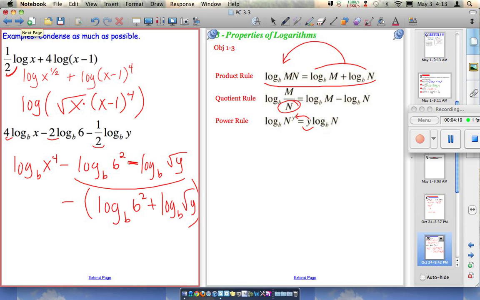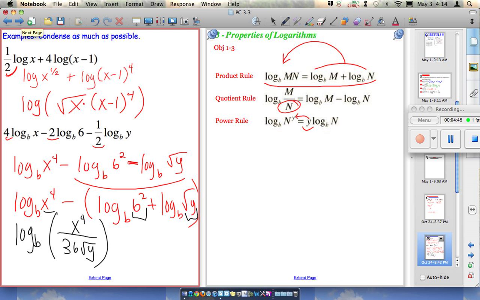So that's equivalent to the original statement and to the one above it. Now I can write it as a quotient. So in the denominator will be these two terms, so really 36 square root of y in the denominator. And in the numerator, it'll have x to the 4th from here, and it'll be still log base b of this whole quantity.